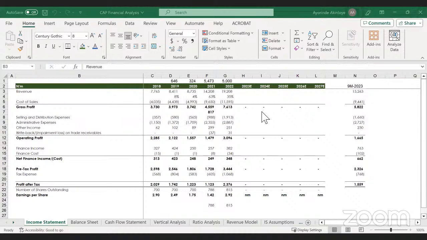So you can do a sales to production ratio. If the sales to production ratio is 90%, it means that typically the company sells 90% of what they produce in a year. So when you forecast production for future years, you can just assume that 90% of that production will be sold, right? And that's how you do that.